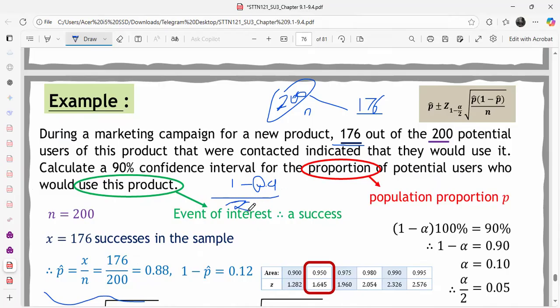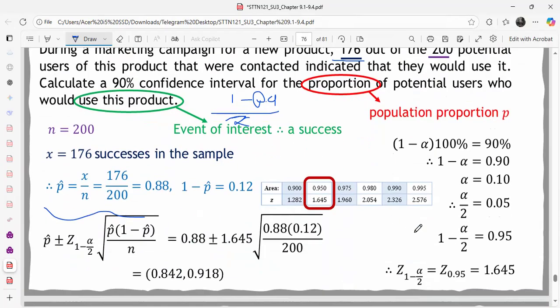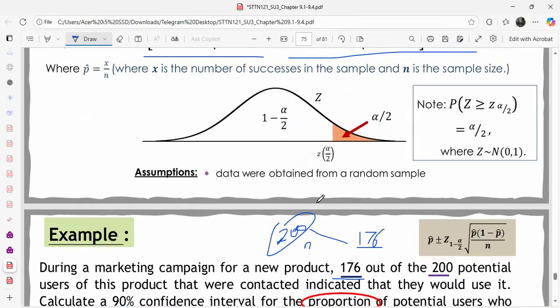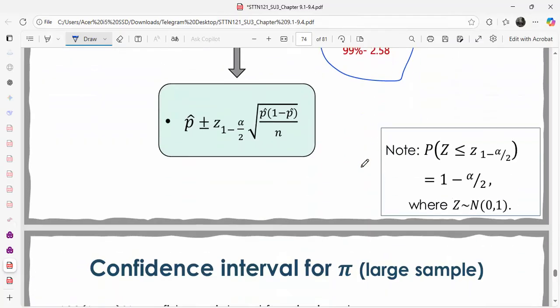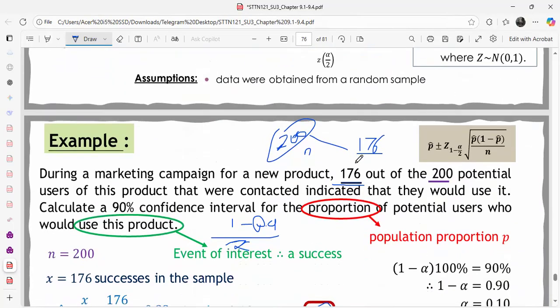The answer that you get, you say 1 minus that answer, and you will get 0.95. You go under the Z table and check where there is 0.950. You'll see that it corresponds with 1.645. That's what I did here: 1.645 for 90%.